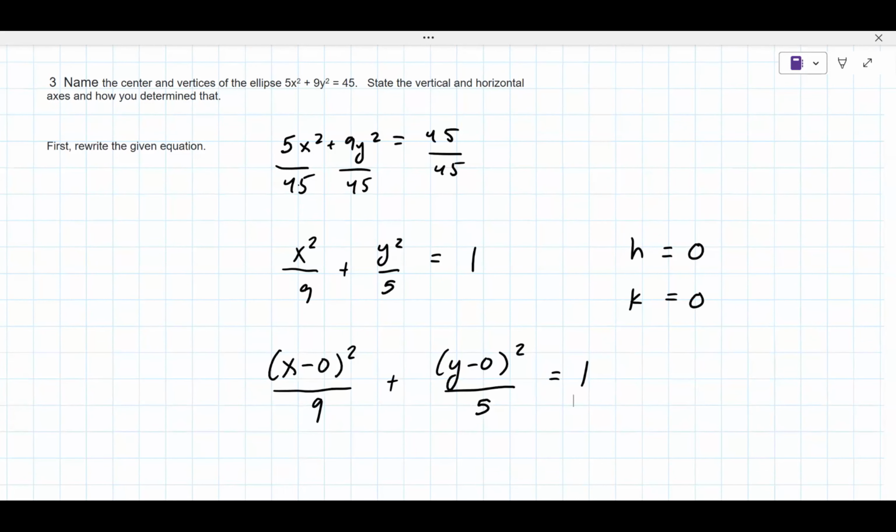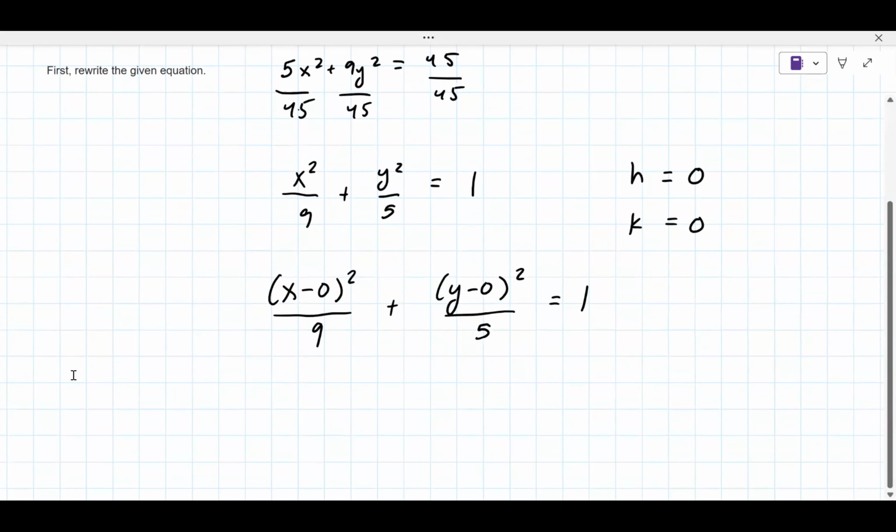So now, to be very direct here, we'll say the center is 0, 0.